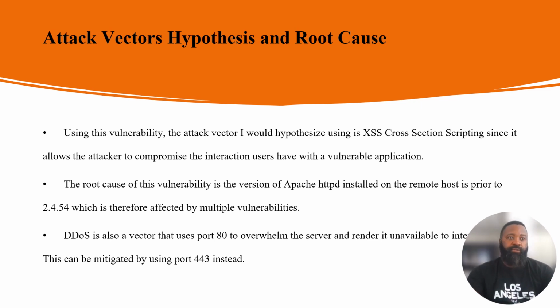The root cause of this vulnerability is that the version of Apache HTTPD installed on the remote host is prior to 2.4.54, which is therefore affected by multiple vulnerabilities. DDoS is also a vector that uses port 80 to overwhelm the server and render it unavailable to intended users. This can be mitigated by using port 443.